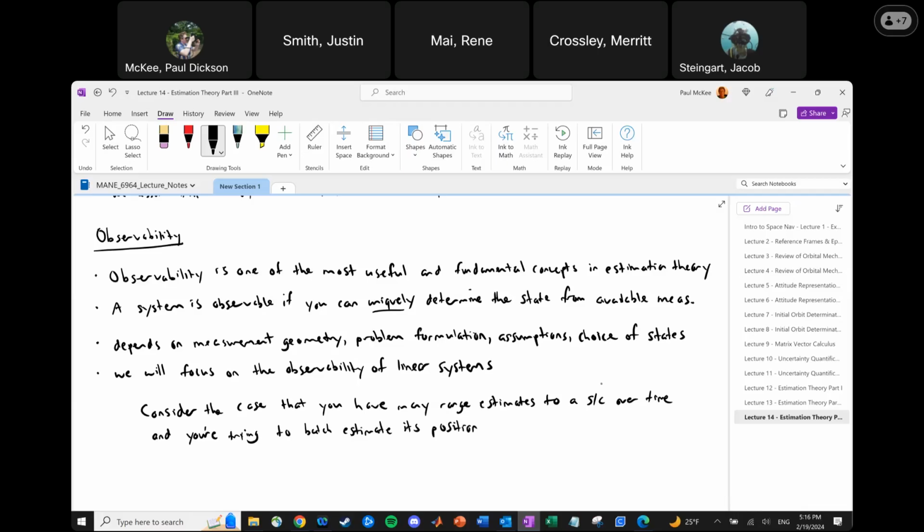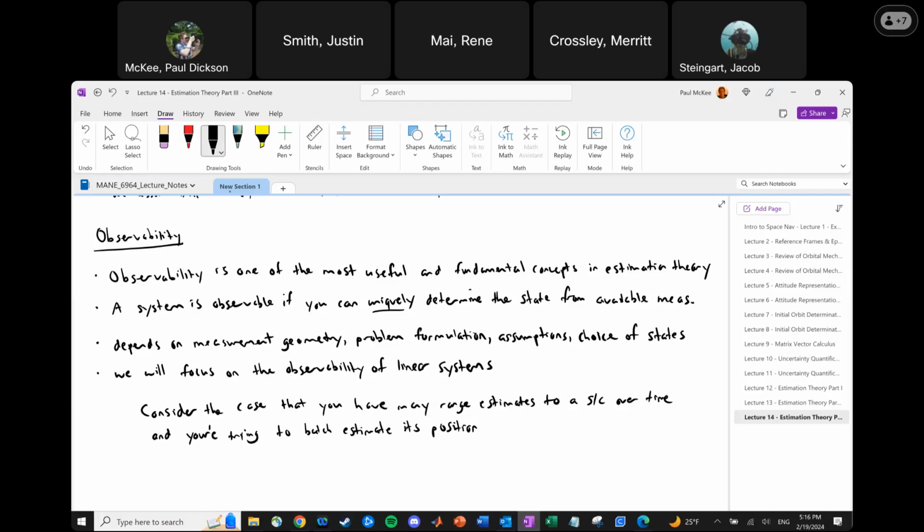So you know the range from you to the spacecraft at time t1, and then you know it at some time t2, and then you know it at some time t3, and so on and so forth. How many of those range measurements is enough to uniquely determine the position of the spacecraft?